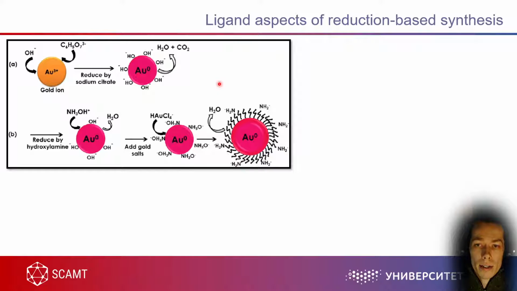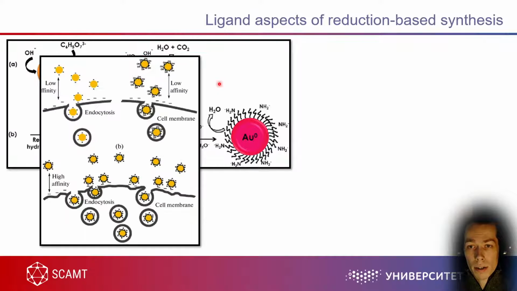But why is all of this important when we're talking about nanotoxicity? Well, it is important because the surface charge of nanoparticles strongly affects cell uptake. If you probably know, probably not, the cell membrane is negatively charged.